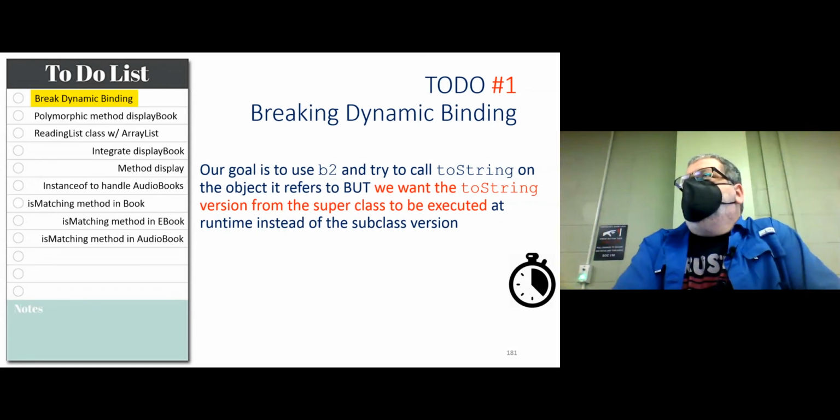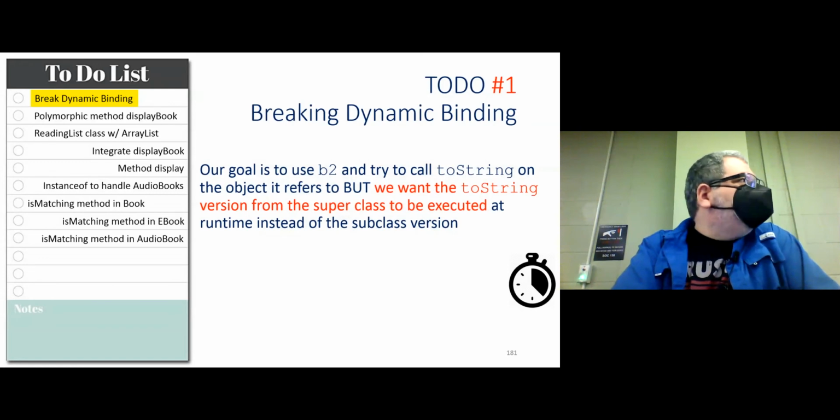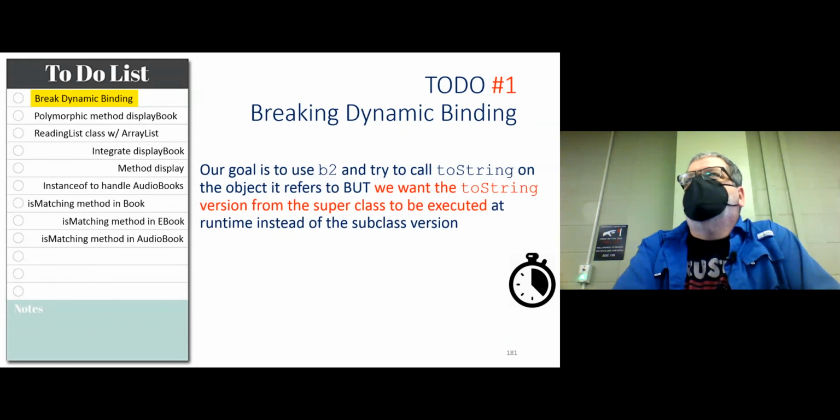There are different things that we can try to do to access the superclass version of a method. What kind of syntaxes have we seen that allow us to access the superclass version of a method?